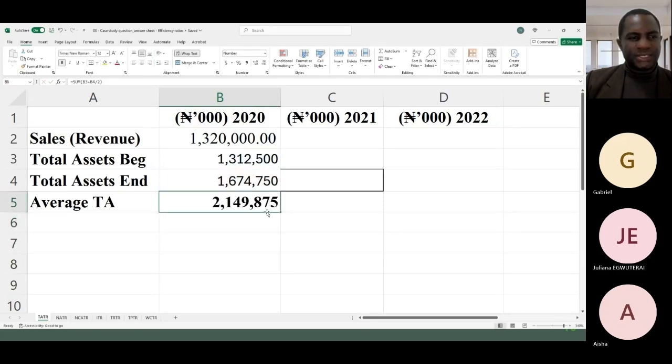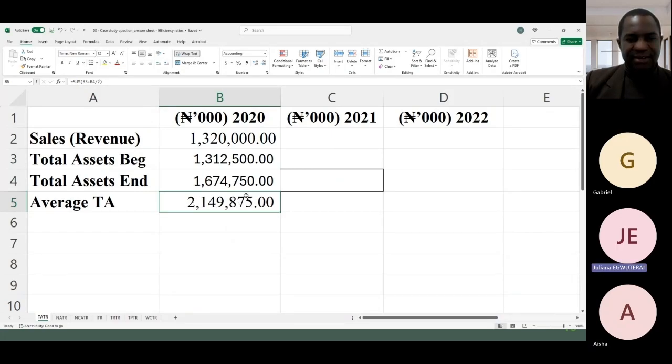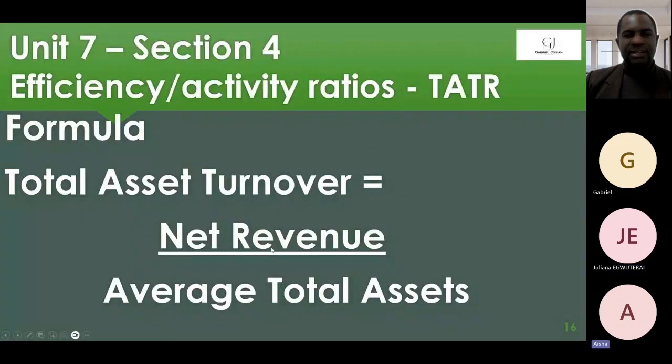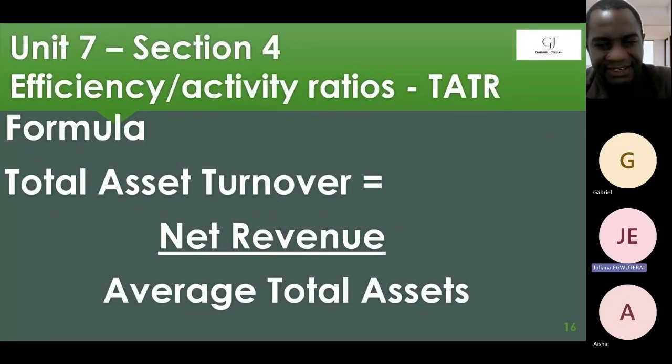How come I'm having 2 points? Is that what you have as your average? I don't understand. Are we doing average? I thought you said there's no average asset. No, there's average total assets.